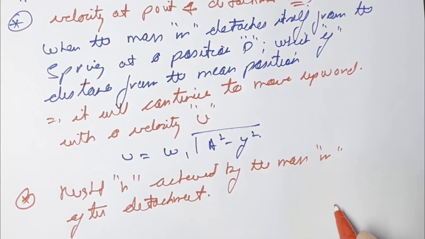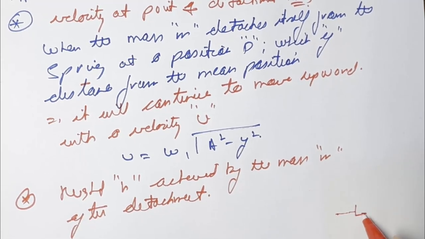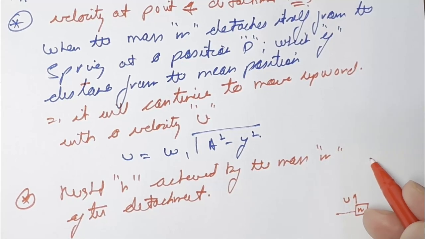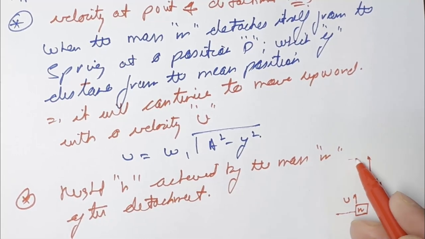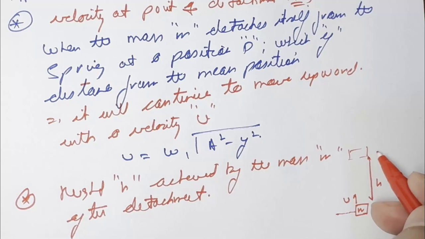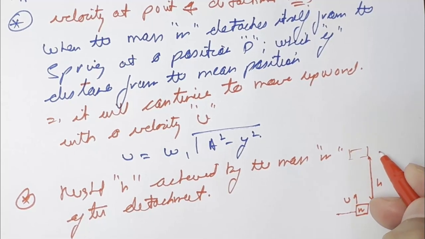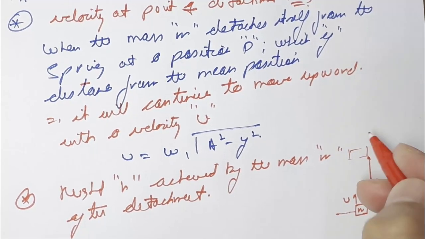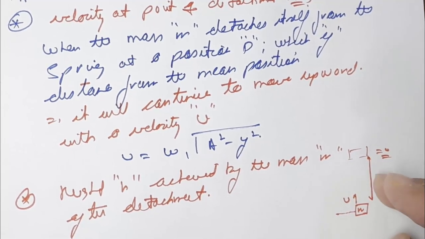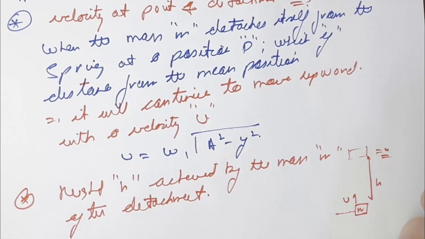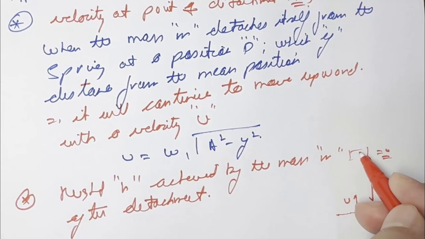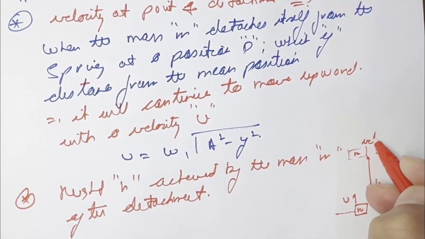Let's draw the figure once again. This was our point of detachment. Here is a mass m. It is moving with a velocity v and it travels a height of h, and at this point the velocity of the mass will be 0. For the maximum height, for a fraction of a second before it returns, its velocity will be equal to 0.